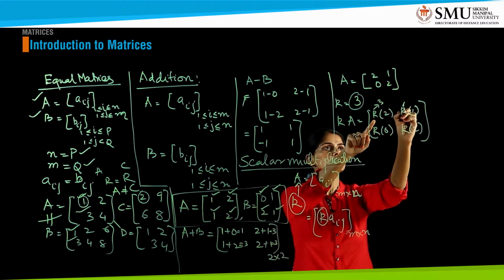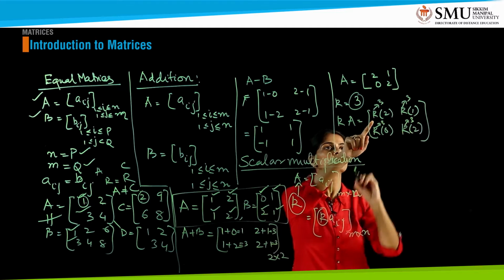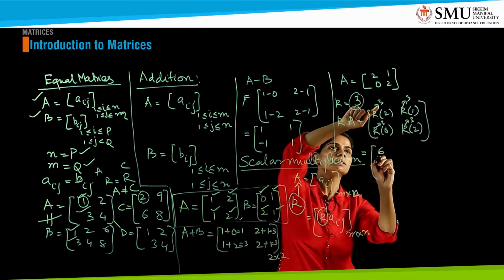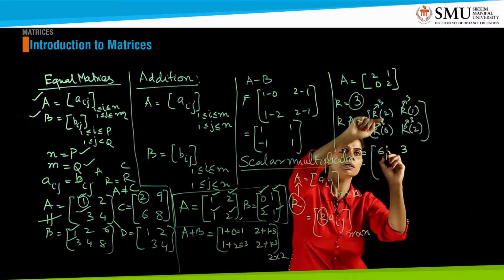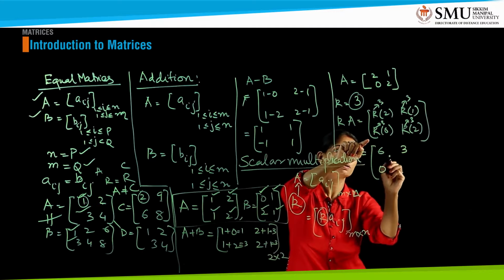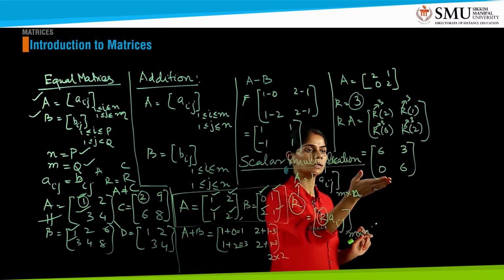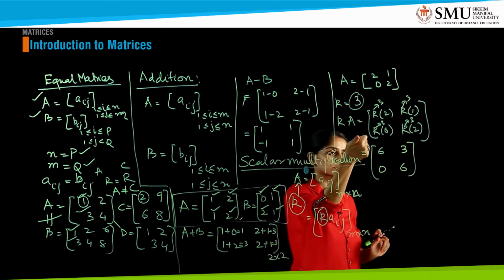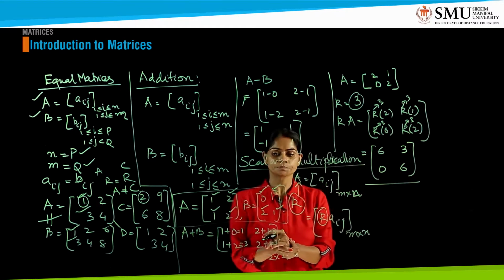It is 3, 3, 3, 3. This means the first term will be 6, first row second term is 3, 3 into 0 is 0, 3 into 2 is 6. So, this will be the scalar multiplication of the number 3 to the matrix A. So, this is how you can define scalar multiplication.